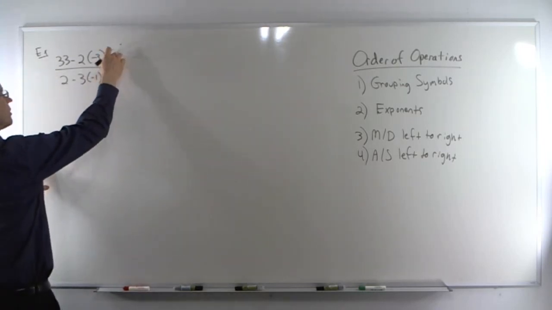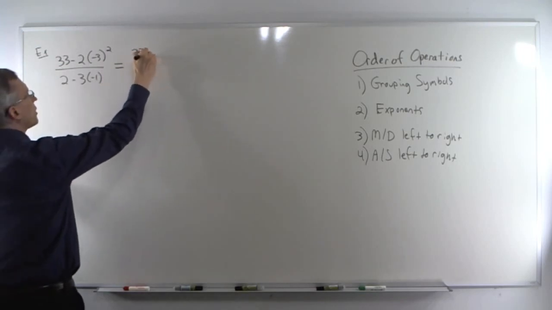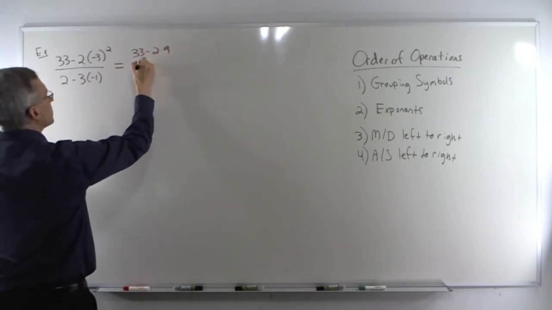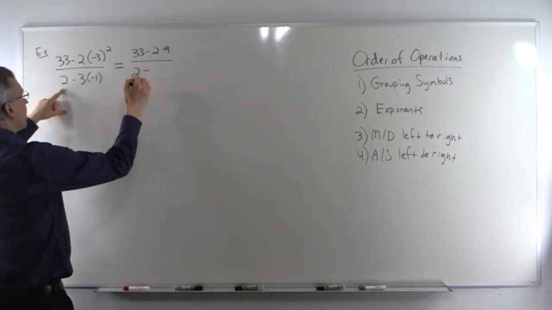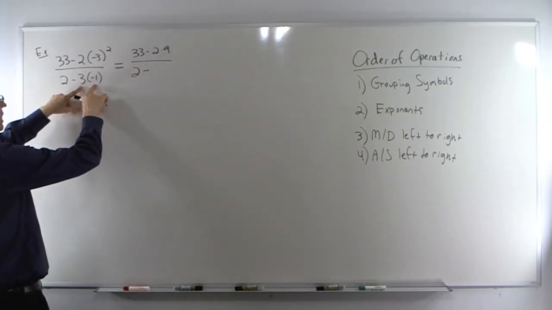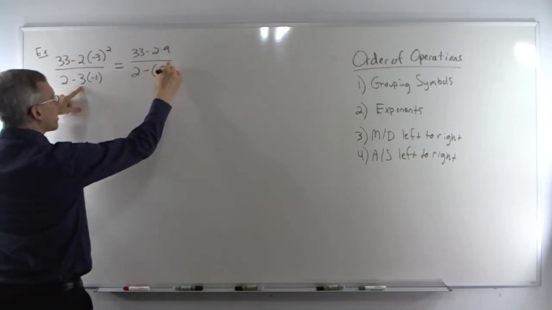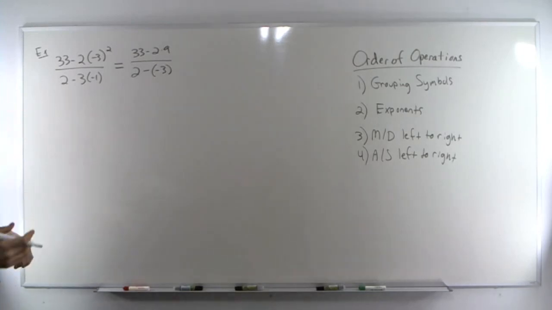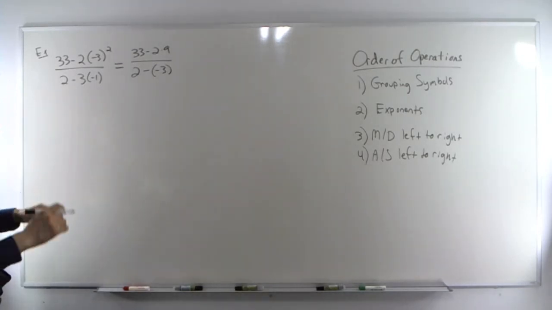Negative 3 squared, the negatives are going to cancel, and that's just 9. So we got 33 minus 2 times 9. And down here, we got 2 minus 3 times negative 1 is negative 3. So it's 2 minus negative 3. Easy to lose one of those negatives, thinking maybe they cancel or something. Not yet. Make sure you keep that.